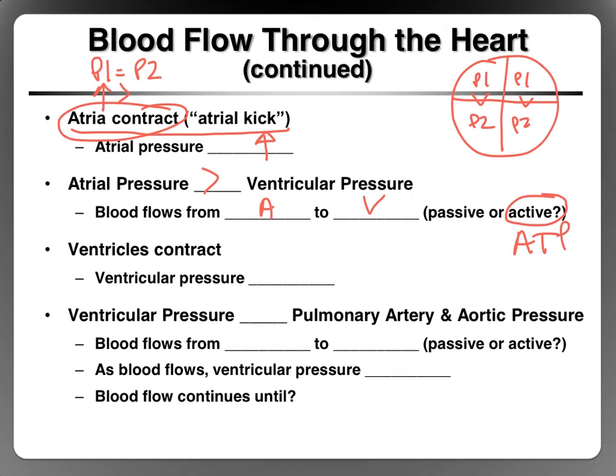But we had to get that additional 30% of blood out of the atria into the ventricles, so the atria contract. When they contract, they squeeze. When they squeeze, the pressure in the atria rises, creates a gradient such that more blood, an additional 30%, is going to go from the atria to the ventricles.